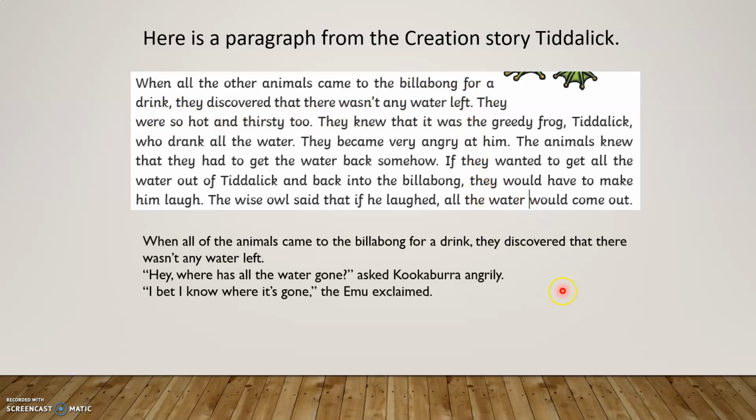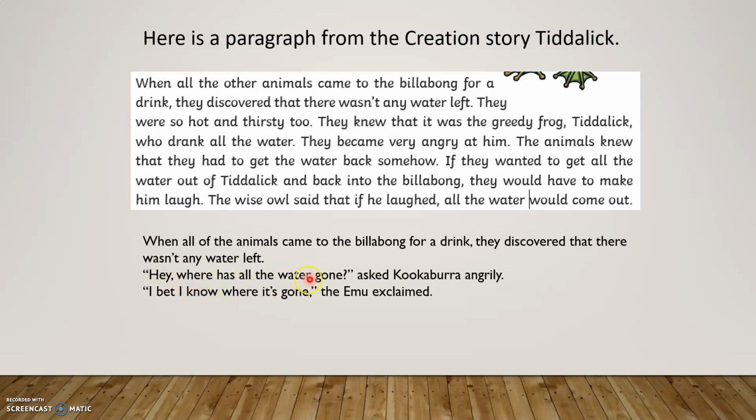Here's an example of how I have included some direct dialogue after this first sentence. It says, "When all of the animals came to the billabong for a drink, they discovered that there wasn't any water left." I start a new line for my direct speech.